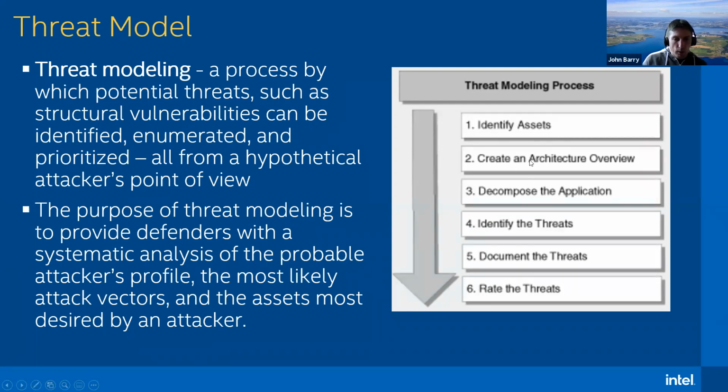Then, as we mentioned, you go through your architectural review. You decompose the application, identify the threats, and identify the potential access points where somebody might gain access to one of the assets you've identified. Then document those threats, and look at the risks. As I said before, sometimes there aren't black and white answers; it's a bit of an arms race.